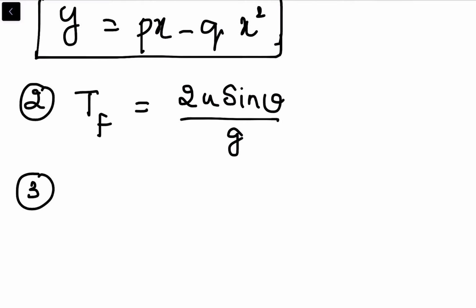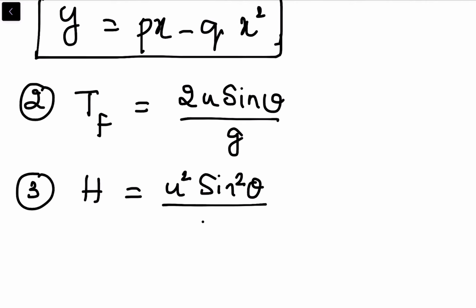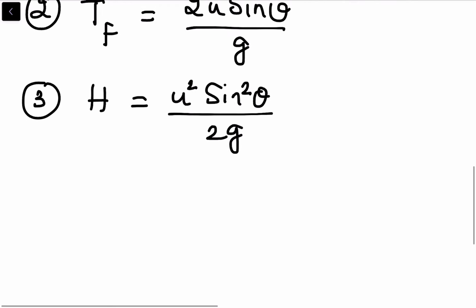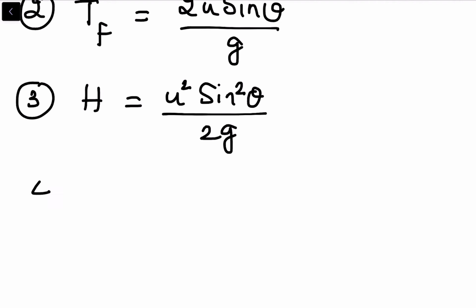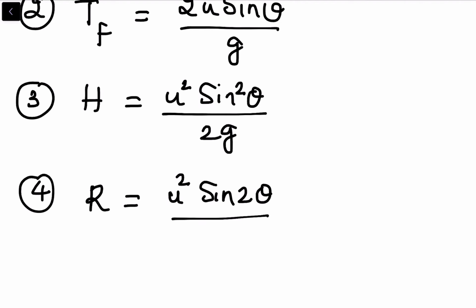The maximum height of the projectile, h is equal to u square sine square theta divided by 2g. And the fourth formula is the range. R is equal to the horizontal range, u square sine 2 theta by g.